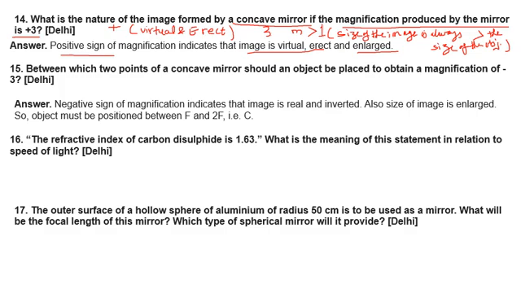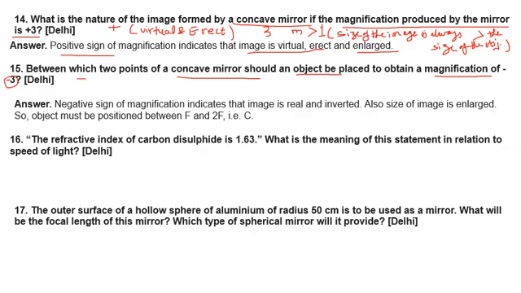Between which 2 points of a concave mirror should an object be placed to obtain a magnification of -3? Where should I keep the object in a concave mirror so that I get the magnification of -3? First we will understand what this -3 stands for.